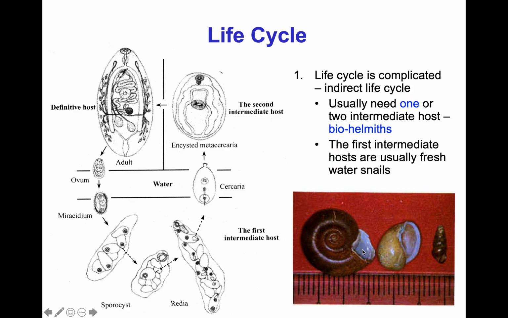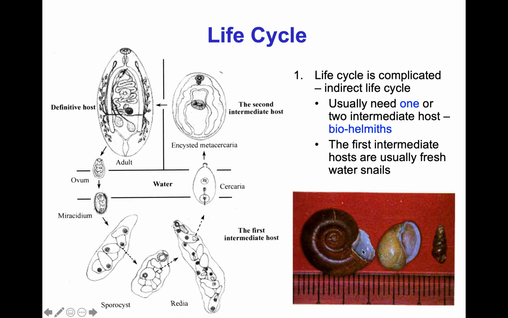After some time, the larvae get outside the first intermediate host and then get inside the second intermediate host. This is a free-living stage. It happens in the water, and the larval stage is called cercaria. Then they find the second intermediate host and get inside.